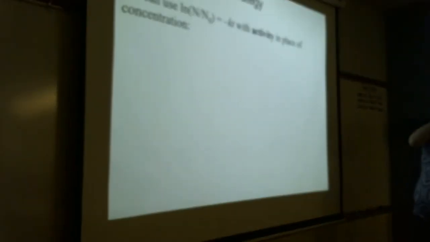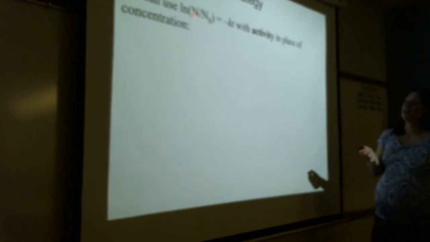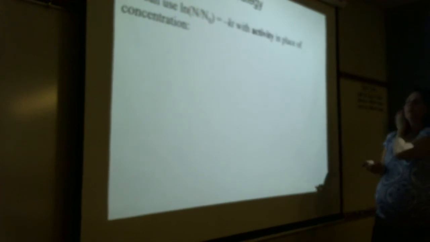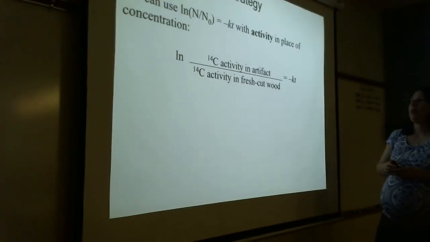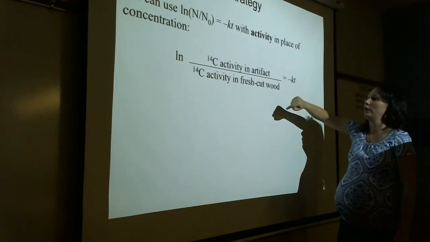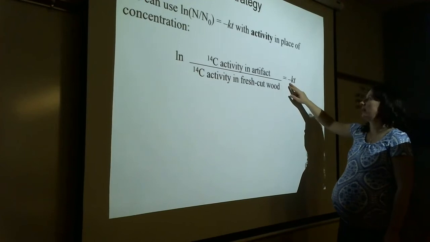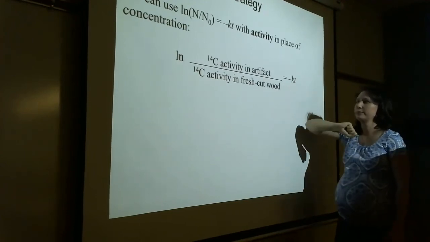So we're going to use, instead of concentration, activity here, because remember we used A last semester, in the beginning of the semester, now we're just using activities here. So natural log of the activity of the artifact over the activity of the fresh is equal to negative kt. Okay?